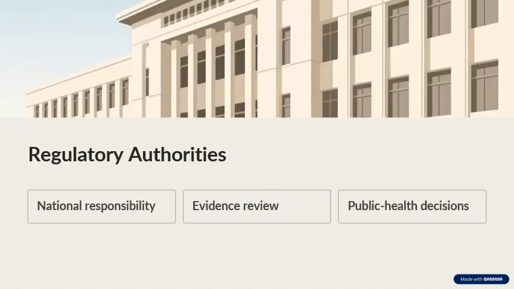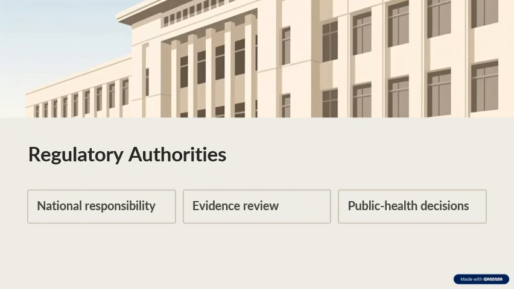All this work happens in relation to regulatory authorities, so let us briefly look at that context. Every country has its own authority responsible for overseeing medicines. For example, in Indonesia, this role is carried out by BPOM. In other countries, different authorities perform similar functions.